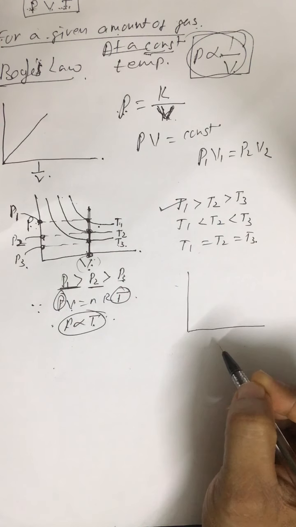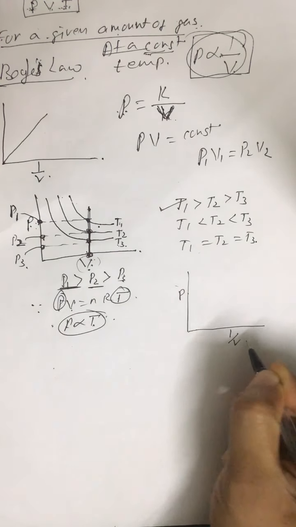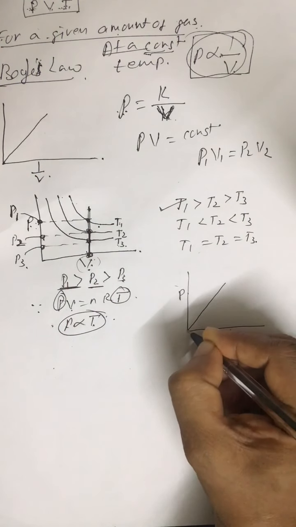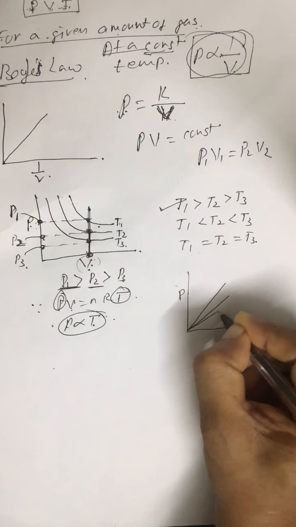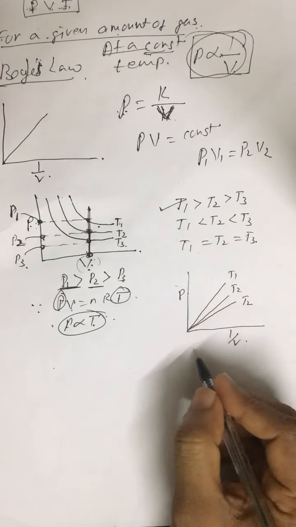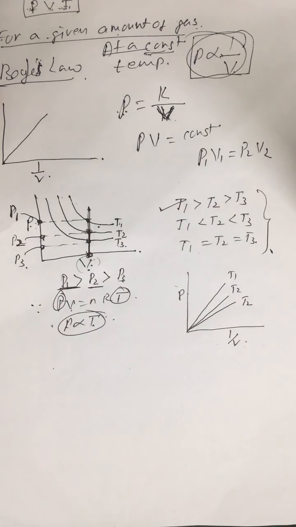Now suppose we have a graph between P and 1 by V, and we are given these three lines. This is again T1, T2 and T3. Again the question is same, whether T1 is greater than T2 is greater than T3, or it is opposite, or they are all equal.